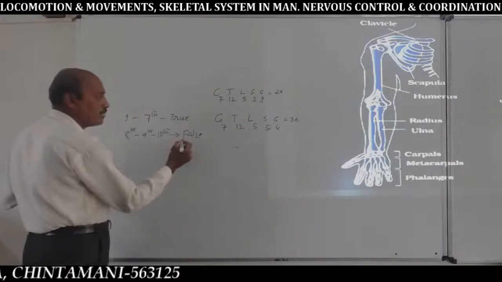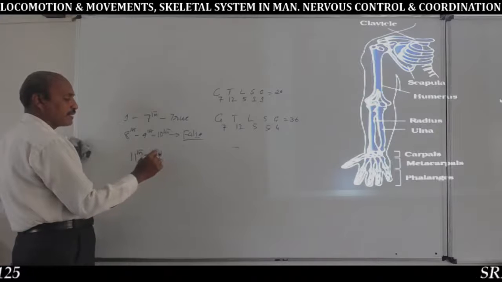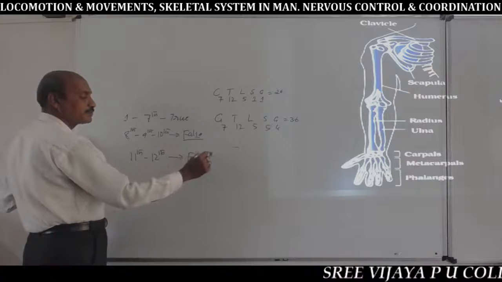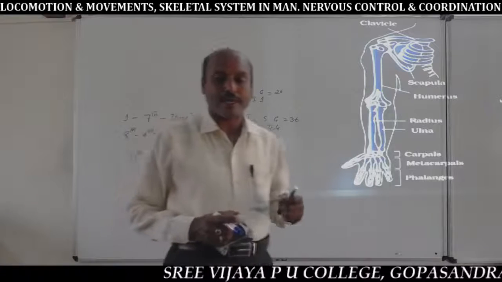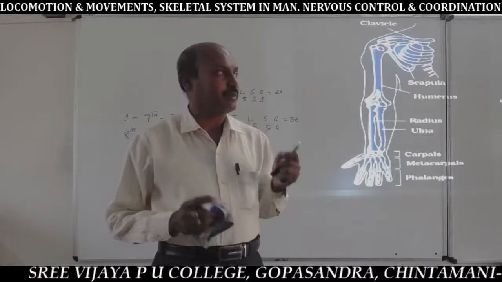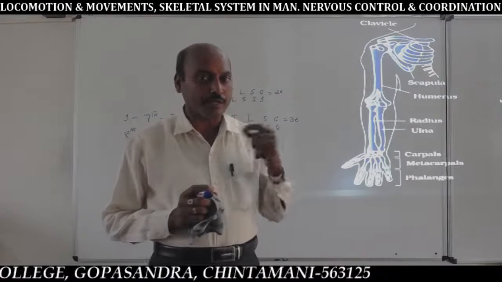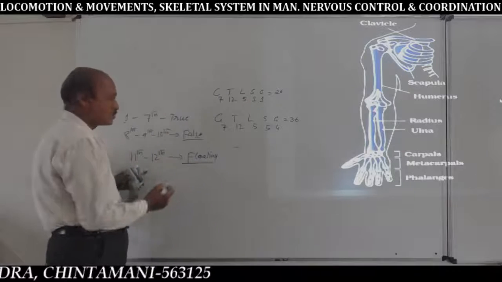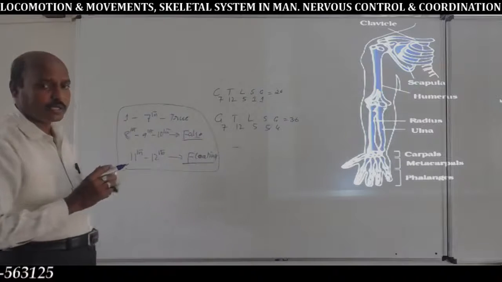The 11th and 12th pairs are called floating ribs, because they are never directly or indirectly connected to the sternum, only to the 11th and 12th thoracic vertebrae of the vertebral column. So this is the arrangement of rib bones in the thoracic region.